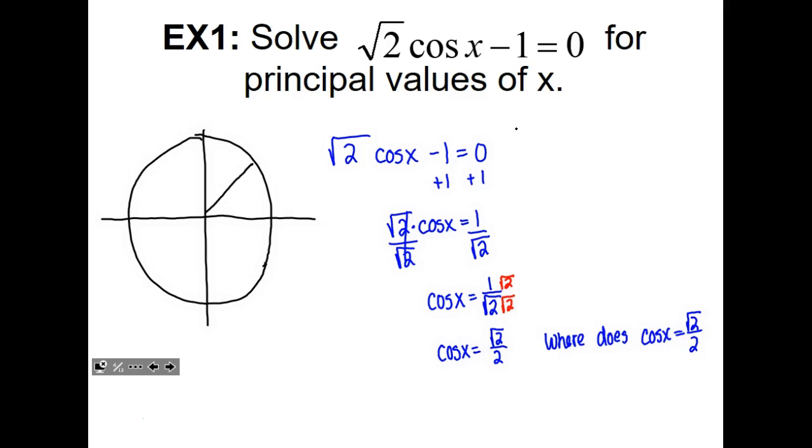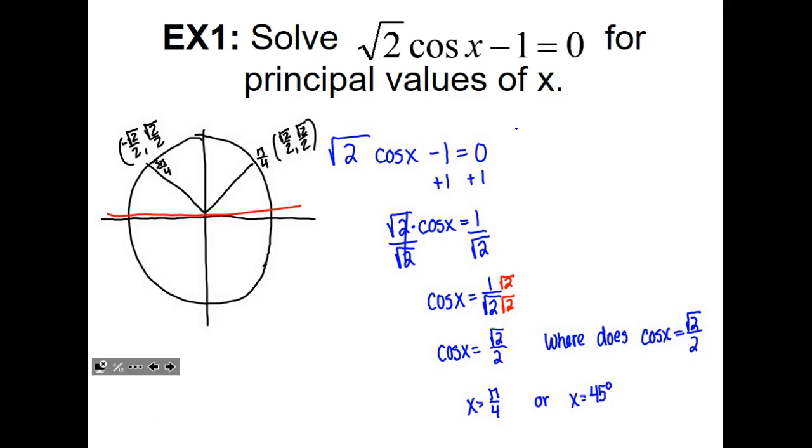Okay, pi over 4, or 45 degrees. That is square root of 2 over 2, and square root of 2 over 2. Over here, at 3 pi over 4, does cosine equal square root of 2 over 2? Negative, so that's not an answer, right? Now, I'm only searching in this part of the graph here, so my answer right here is going to be x equals pi over 4, or you can say x equals 45 degrees.